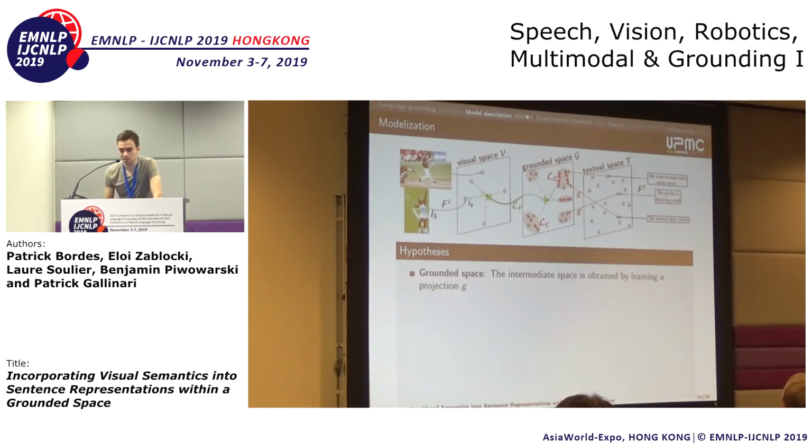This intermediate space is learned by learning a projection G between the textual and the grounded space. The cluster loss is a very simple max-margin triplet loss, bringing sentences corresponding to the same image together. And for the perceptual loss, we maximize the correlation between the similarity of two sentences and the similarity between their corresponding images.